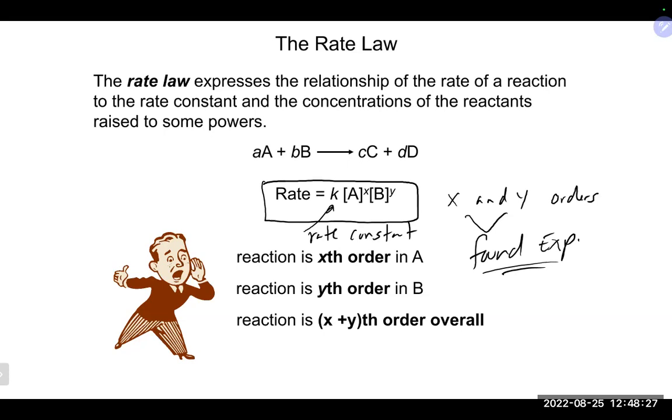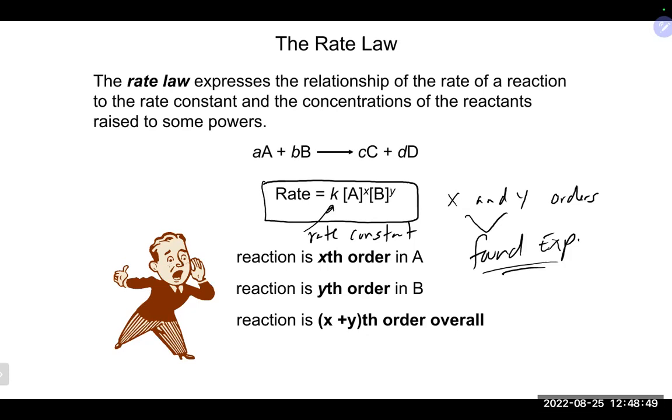What is the benefit of knowing the orders of a reaction? Well, if you wanted to speed up or slow down a reaction, you could tell by the orders which reactant affects the rate more than the other.